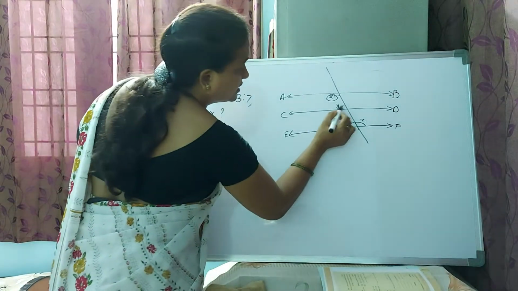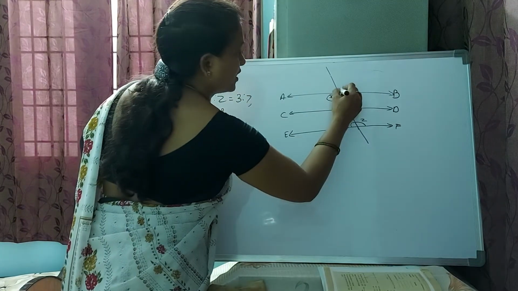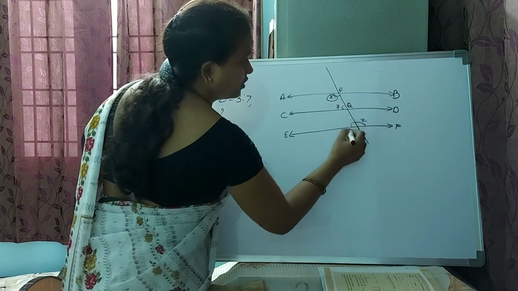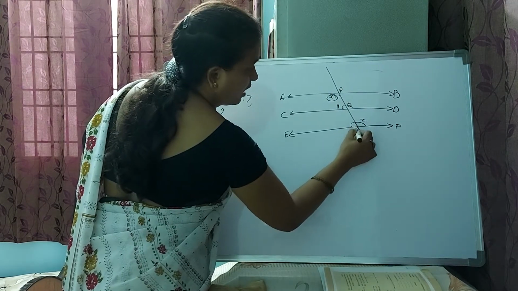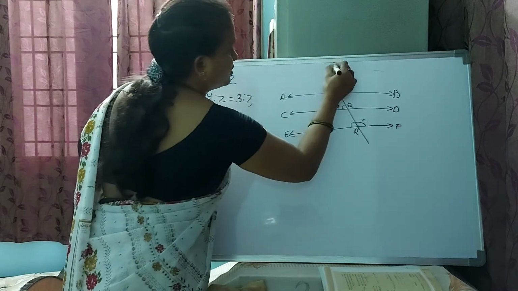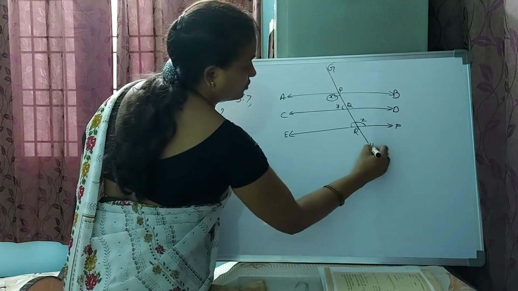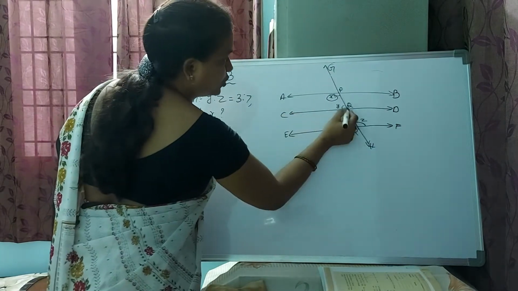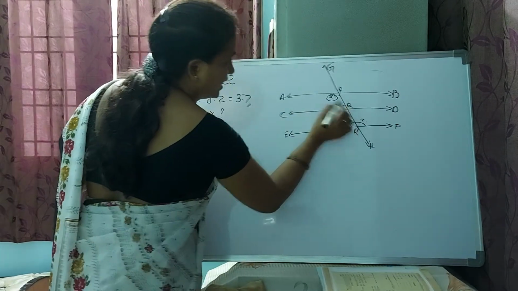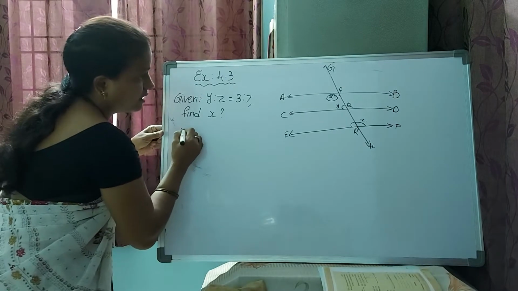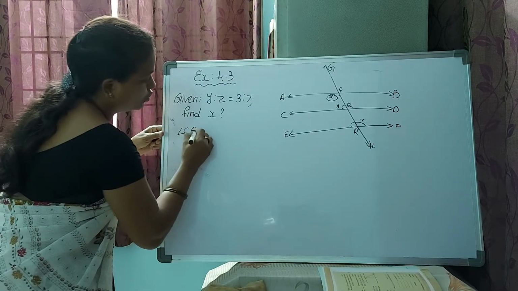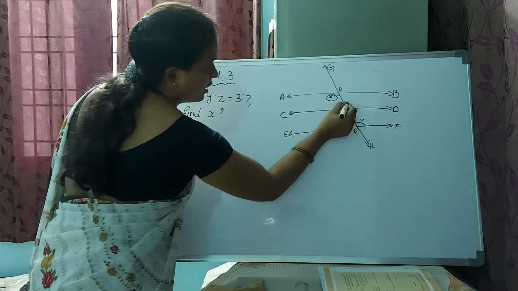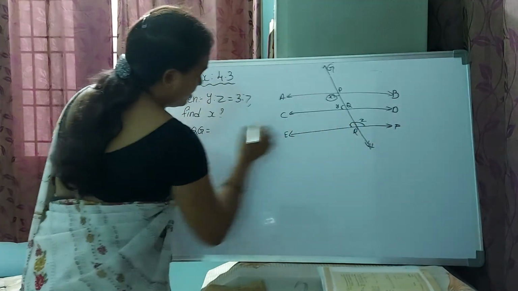We will name the points P, Q, R, G, H. So angle CQG, that means this angle, is equal to angle ERQ, this angle.